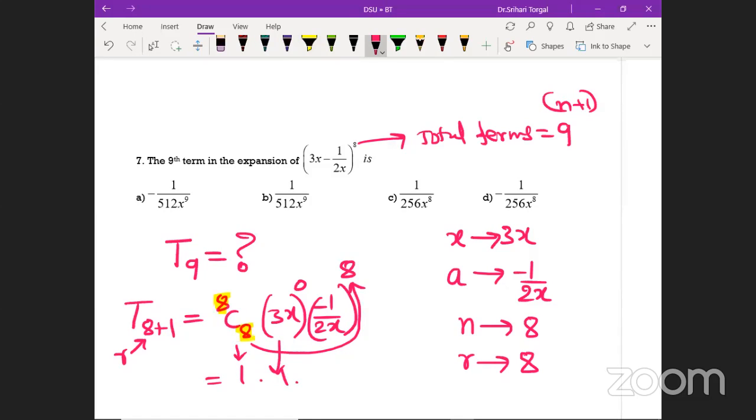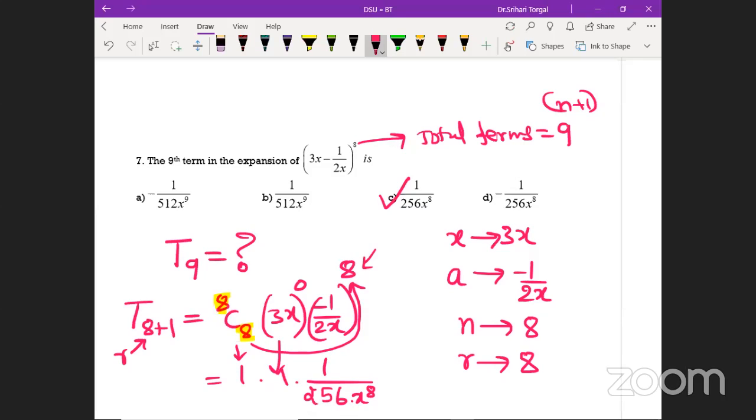Minus 1 whole power 8 is 1. And 2 power 8: what is 2 power 8? 512? No, that is 2 power 9. It is 256, correct. Because this power is even, the negative will become positive, and x power 8. 256 x power 8, option C is the right answer.